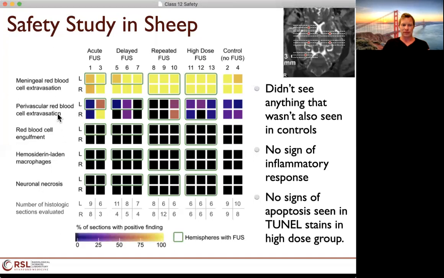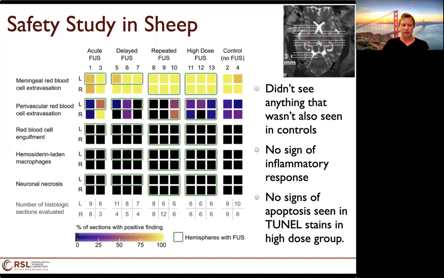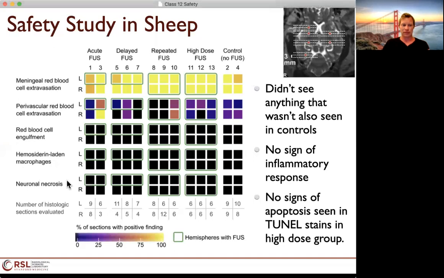If there was any red blood cell extravasation that occurred due to the extraction of the brain, then that would not have had any of the inflammatory response. So some of this could have been due to the extraction of the brain.